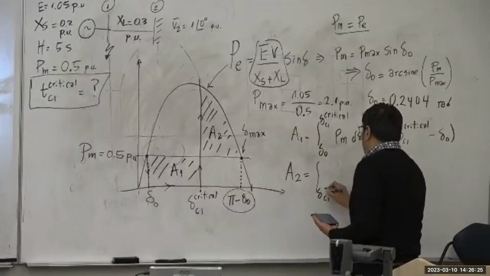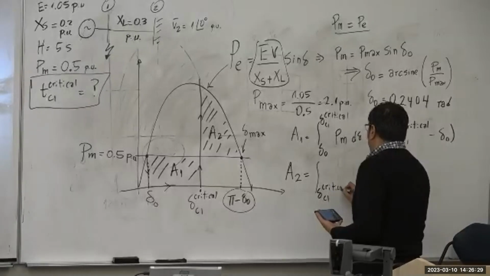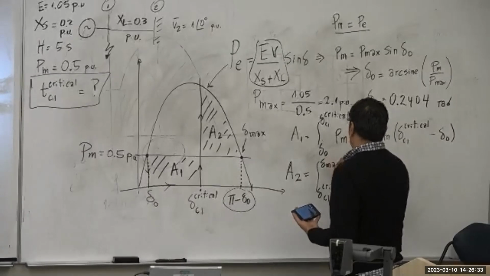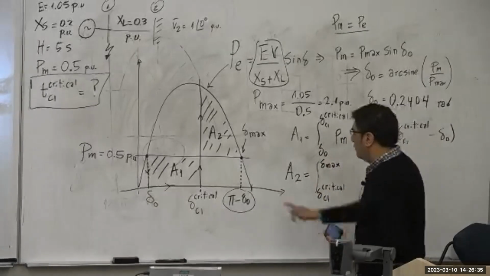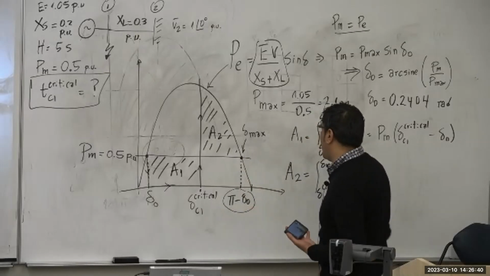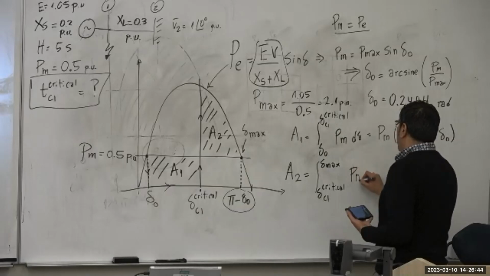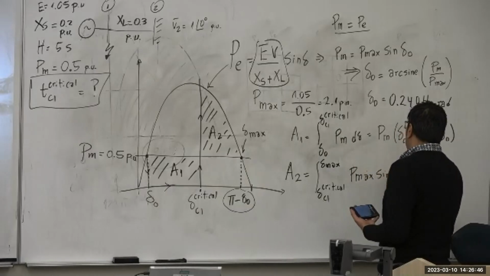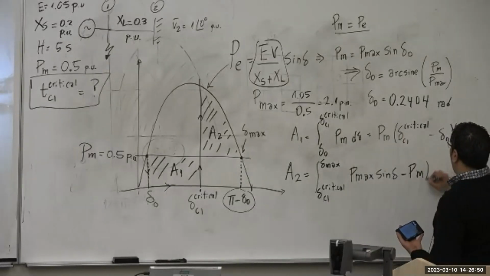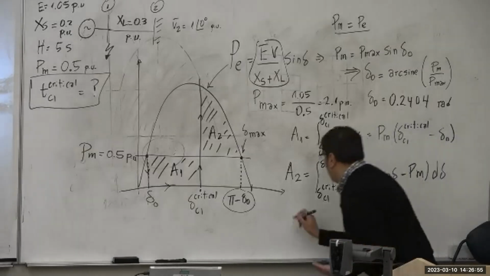So on this part, we will have the integral from the critical clearing angle to the maximum angle, that will correspond to the angle at the saddle node, which is pi minus delta zero, of the electrical power, which is P max sine of delta, minus the mechanical power. So we need to get the integral of this.